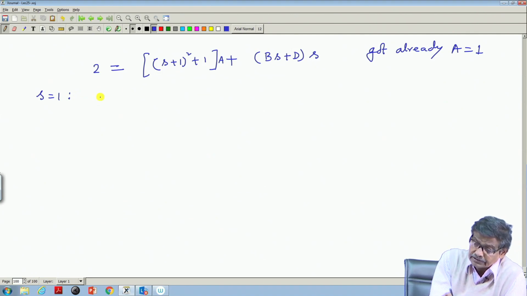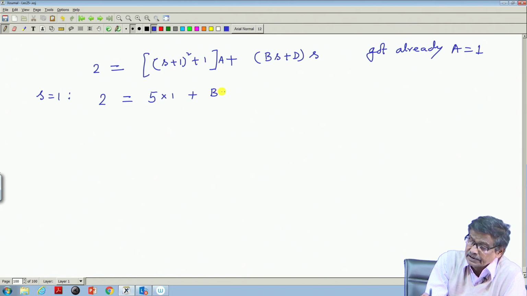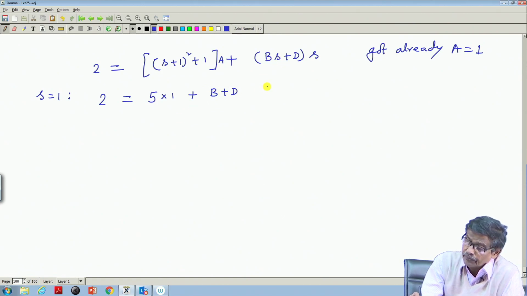If you put S equal to 1, this will be 2 is equal to 1 1 2, 2 square 4 plus 1 5 into A, but A is already 1. So A is 1 plus you will get B plus D, B into S 1. Therefore, your one equation will be B plus D is equal to minus 3.